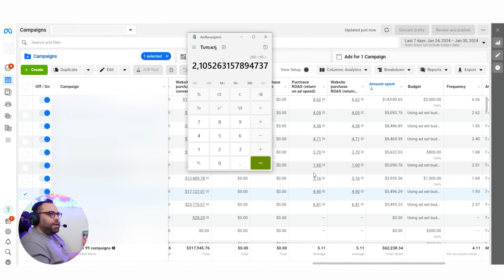I wouldn't even do 2. Two ad sets is nothing. But if I have very limited budget, like 50 or something, or 100, especially 100, for example, if we do 100, we should put only 1 ad set. But in that case, I would put 3. 3 is my minimum when I do CBO, my bare minimum.